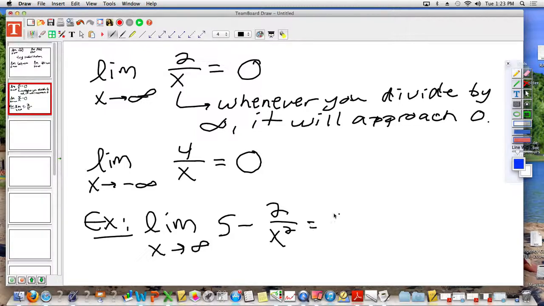So here we're just going to have 5 minus, well, if I put an infinity in for the x squared in the denominator, what is that approaching? 0. I'm taking infinity squared. Infinity squared is even bigger than infinity. So that means you're taking 2 divided by an unbelievably large number. What's it approaching? 0. So you have 5 minus 0. What is 5 minus 0? 5. So in that case, the limit would be 5.